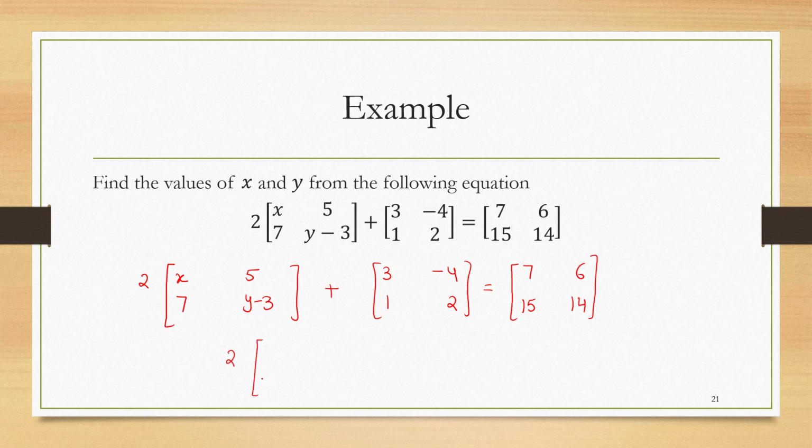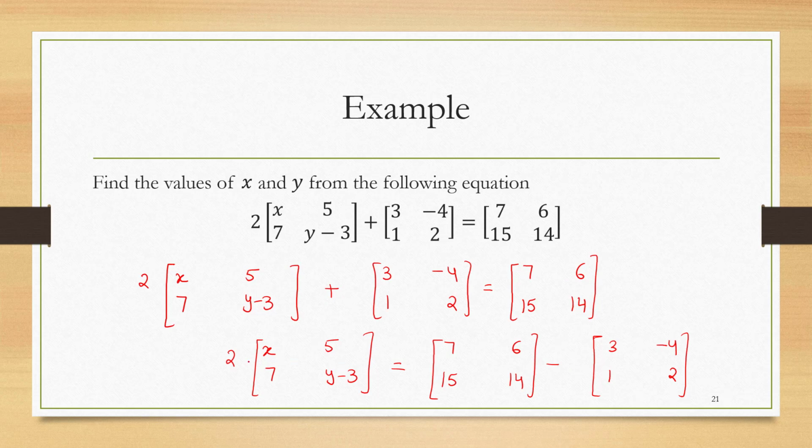So 2 times x, 5, 7, y minus 3 is equal to, I can write 7, 6, 15, 14 minus this matrix, that is 3, minus 4, 1, 2. By taking it to the right side, it will be negative.